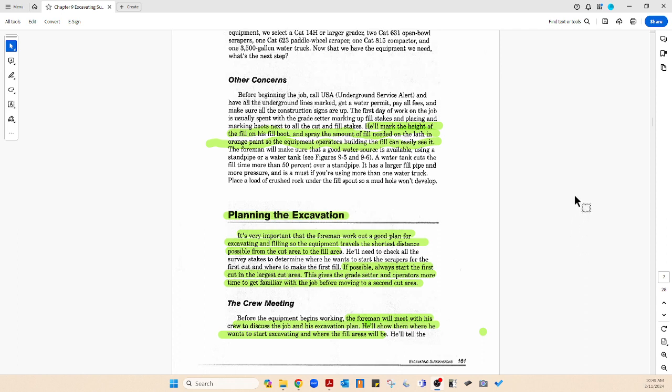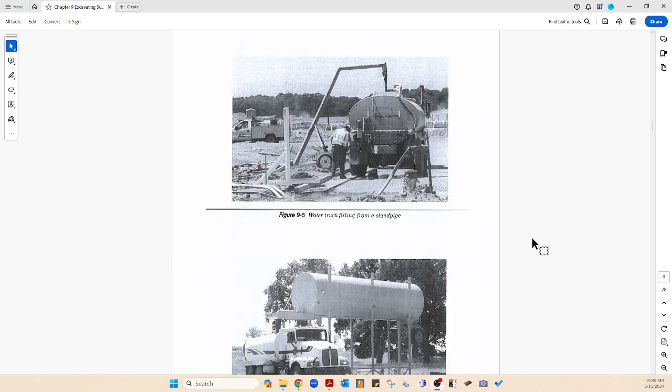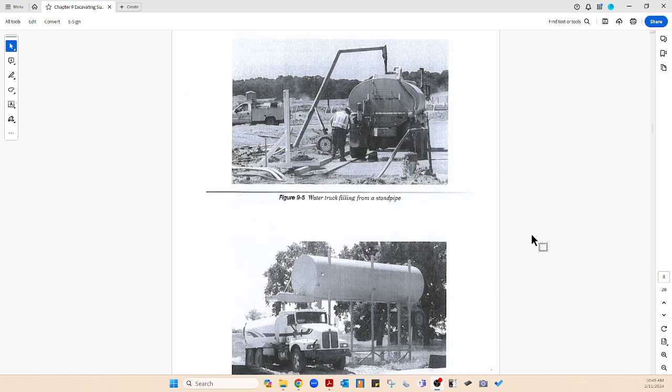It says on the second day, I think it skips that. Let's see if the book does. Let me talk about this just for a second as you're looking at this. This is a water truck at the top loading from a standpipe, and you can see a hose all rolled out there.